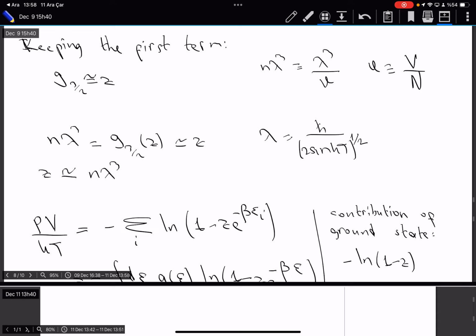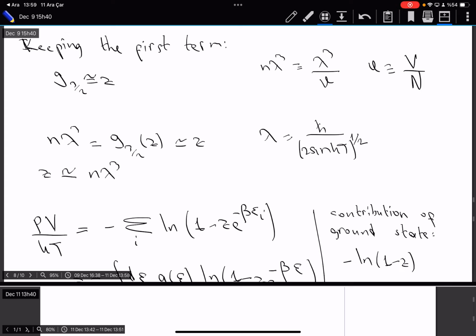So the volume of the wave of my particle should be much smaller than the volume per particle. That is, the wavelength of my particle should not extend to the other particles. It should be very localized. So that is essentially the quantum mechanical limit, the classical limit we are talking about.